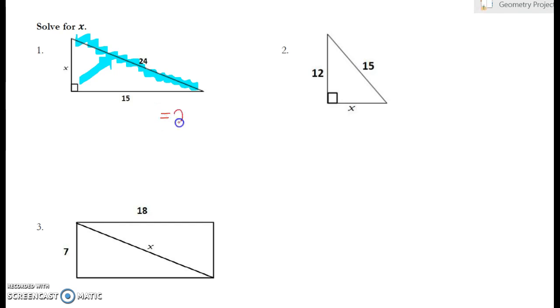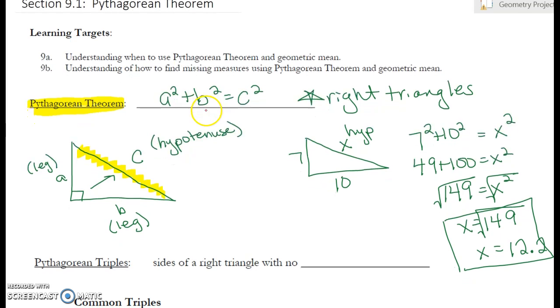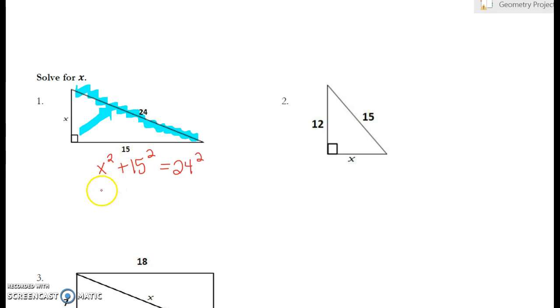Okay, so you should have had equals 24 squared, and then my legs are x squared and 15 squared. Now this one looks different than our previous one up here, because in our previous one, our hypotenuse was the x. But we're still just going to do our math. So it's going to be x squared plus 225, because 15 squared is 225. And then 24 squared is 576. Now to get rid of a plus 225, we're going to subtract it.